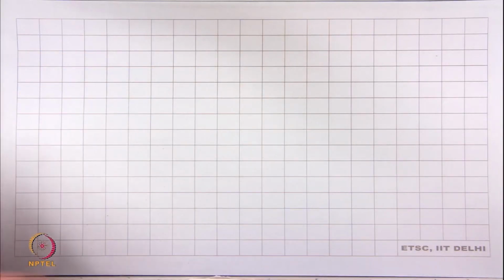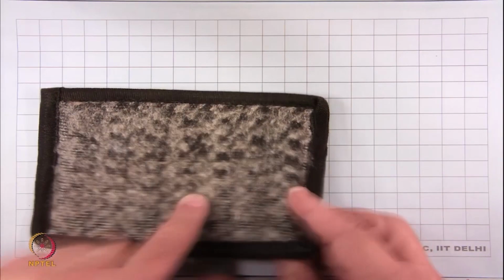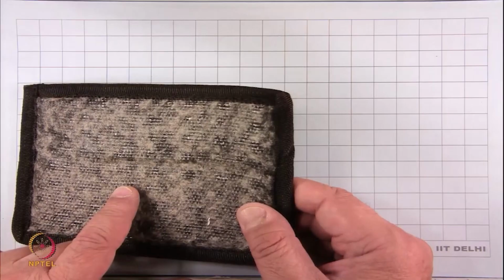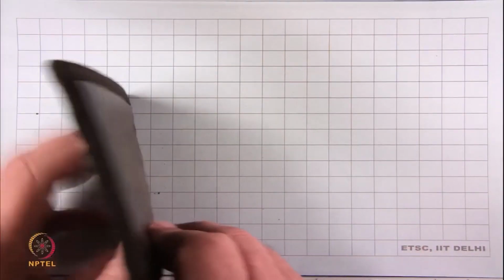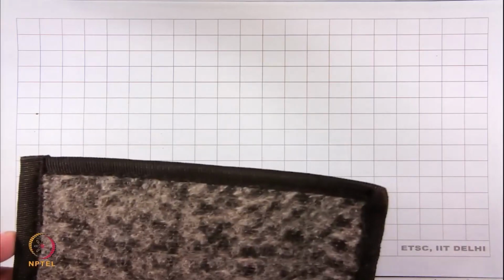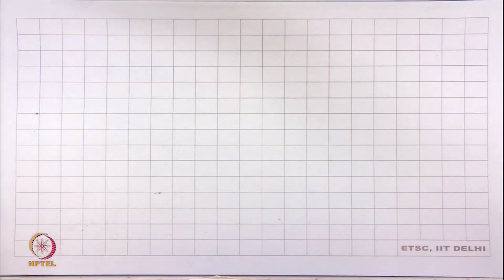This is another one, non-woven geotextile, a geomembrane, smooth geomembrane, and between them bentonite. You are always bothered that if I put it up like this, will the bentonite come to one side, because it's a powder. So it is either stuck, or it is needle punched, or there is some stitching across which holds the material in position. So these are new materials which come in rolls and which can be rolled out.